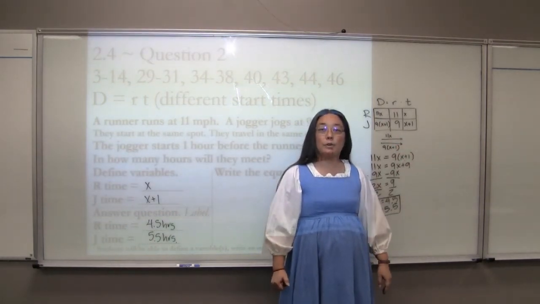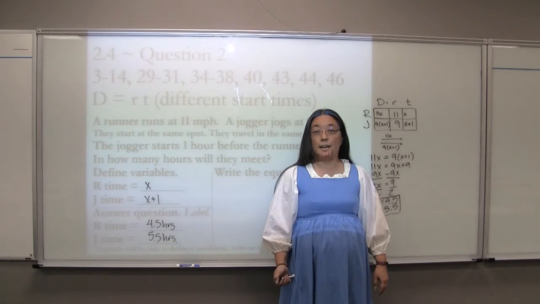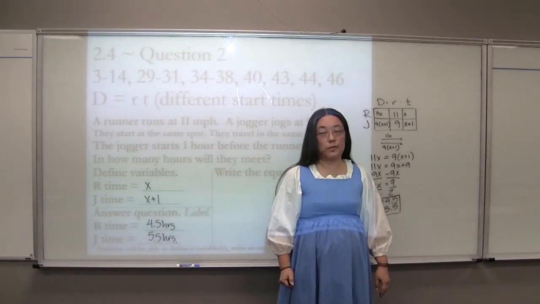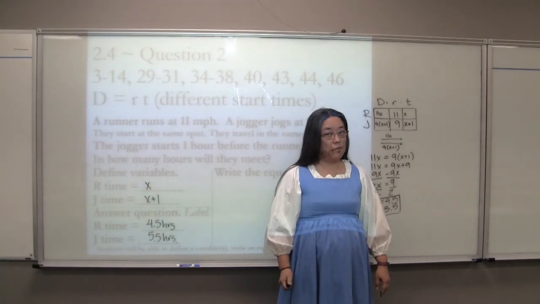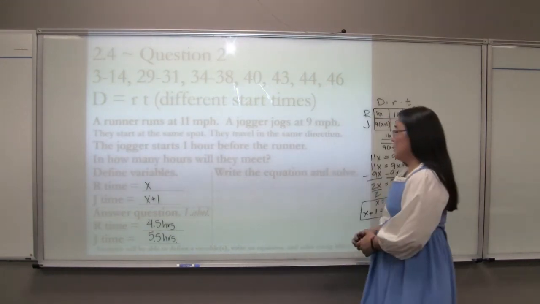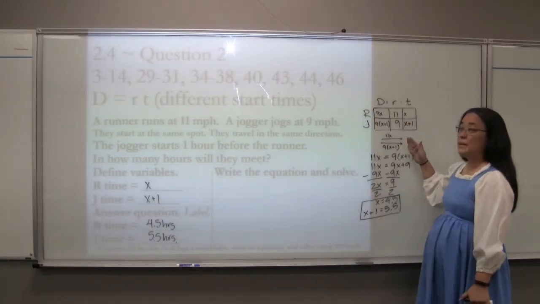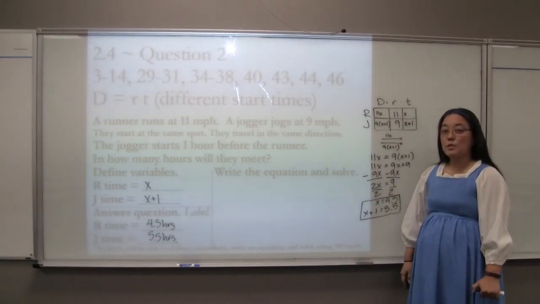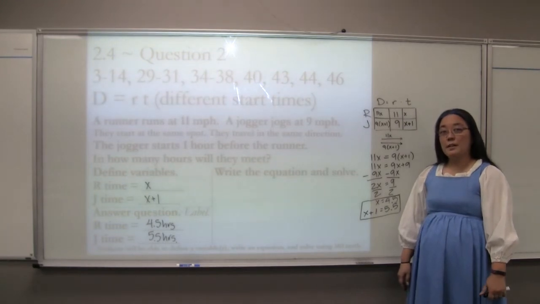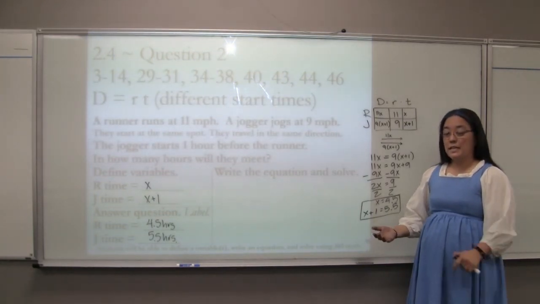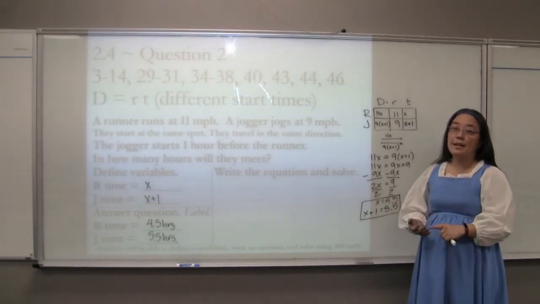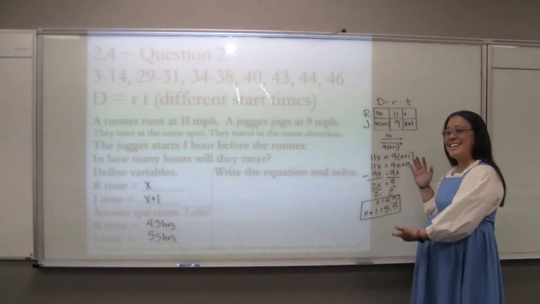That means that they started 30 hours before, over a day ahead of the other person, in which case, again, those people are going to die from jogging for 30 hours. So don't let them do that. If this is in hours, then this should be in hours as well. So make sure that those units match. That is a common error that you'll see in your SATs, ACTs, AccuPlacer, and of course in this class.